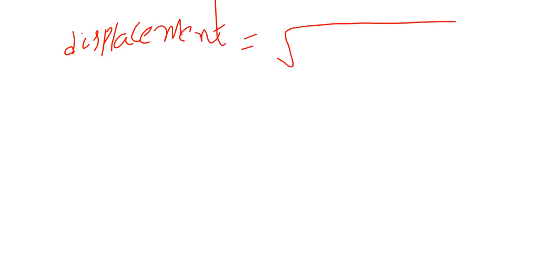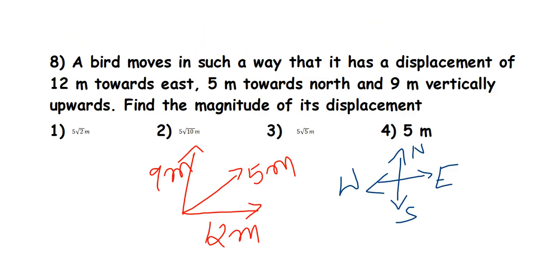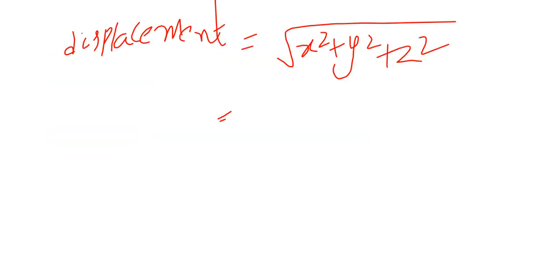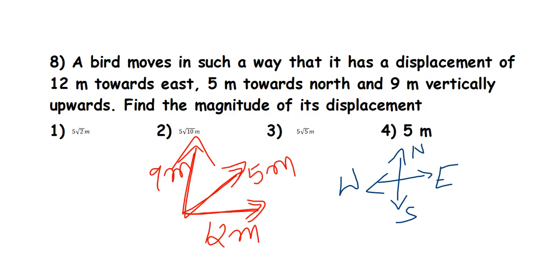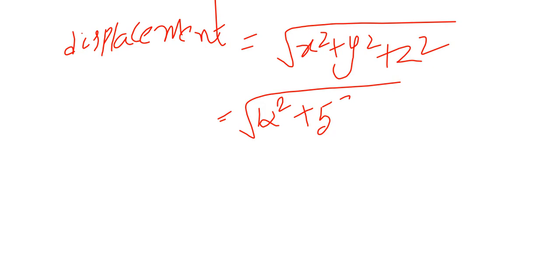Displacement of bird is root over x square plus y square plus z square. We take 3 components, x-axis, y-axis, z-axis. So root over 12 square plus 5 square plus 9 square.